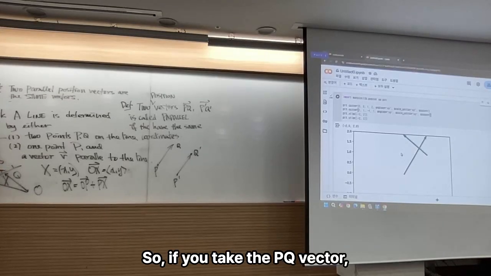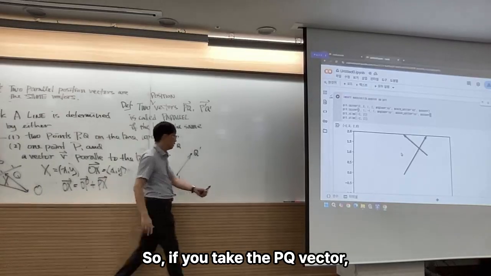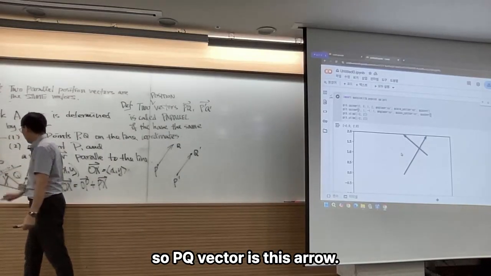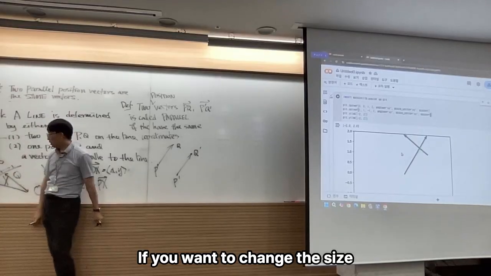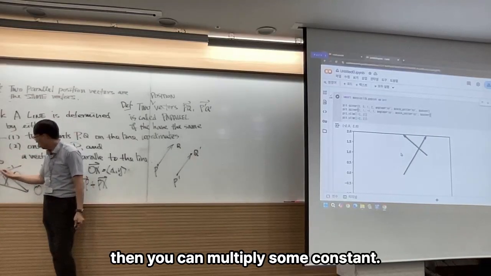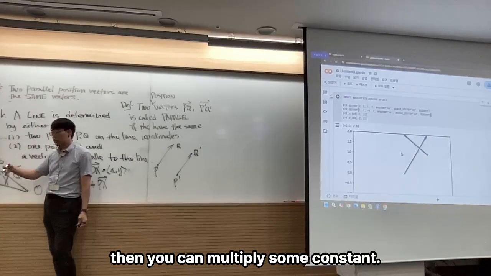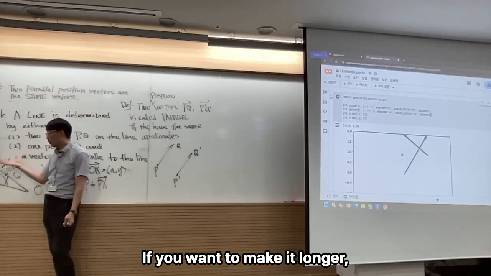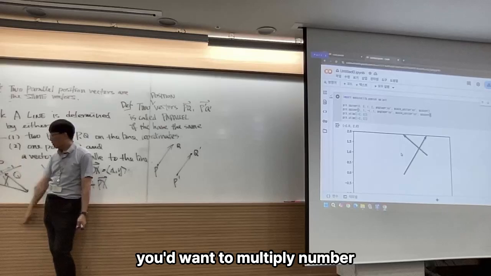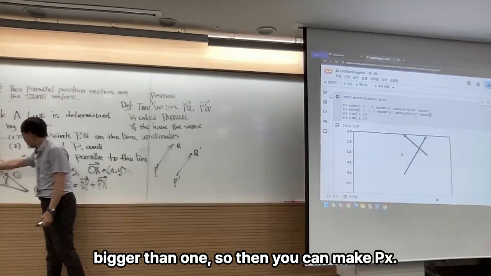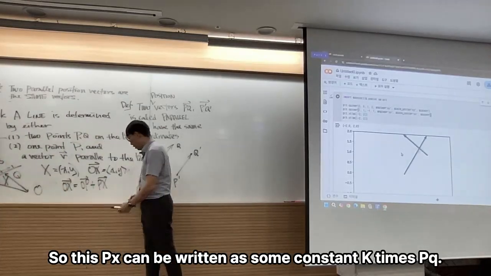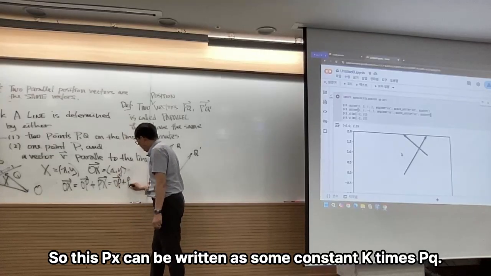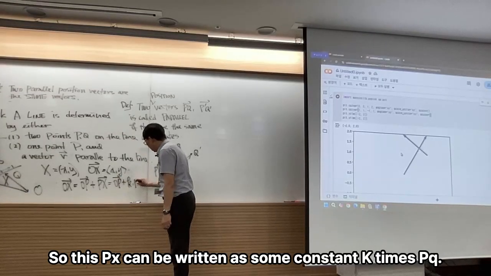So if you take the PQ vector, this arrow, and you want to change the size but keep the same direction, you can multiply by some constant. If you want to make it shorter, you need a number less than 1. If you want to make it longer, you multiply by a number bigger than 1. So then you can make PX. This PX can be written as some constant k times PQ.